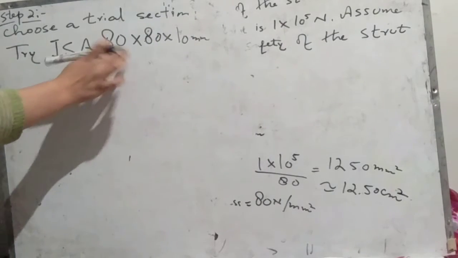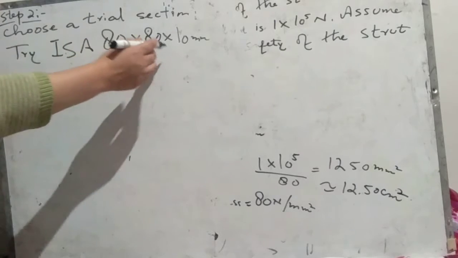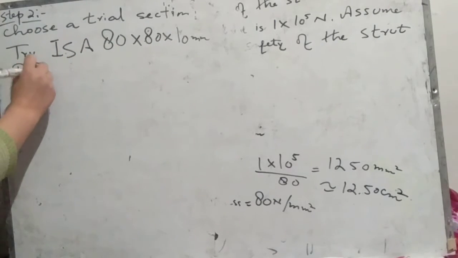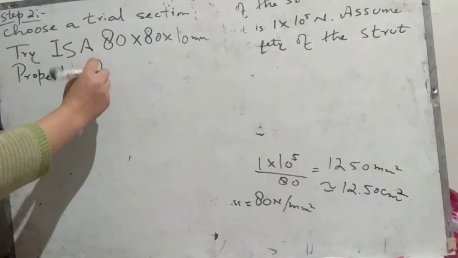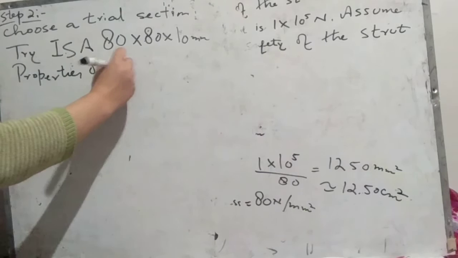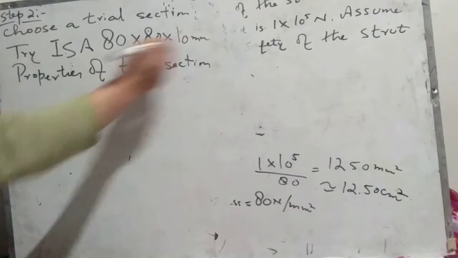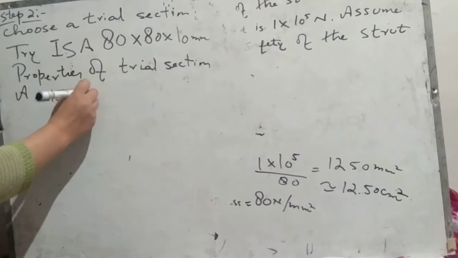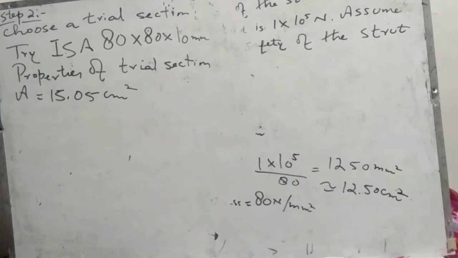So this is an equal angle section. Both the legs have equal dimensions and this 10 mm will be your thickness. Now the properties of the trial section you will get from the steel table. First you will get area as 15.05 centimeters square. You can convert it into mm.